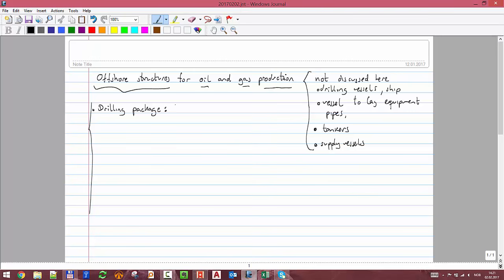So the drilling package consists of facilities for well drilling and intervention.